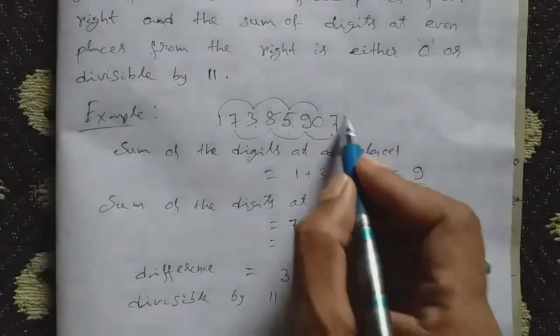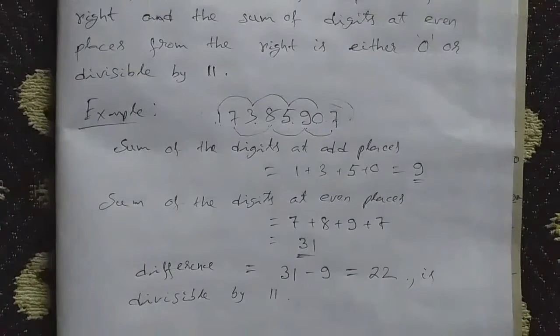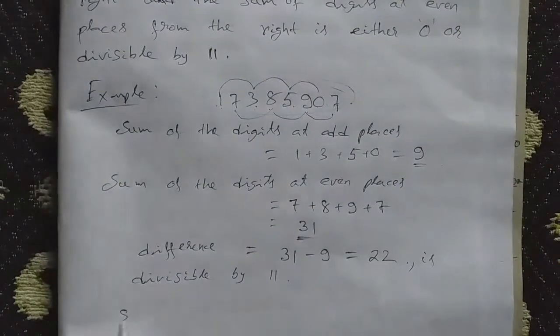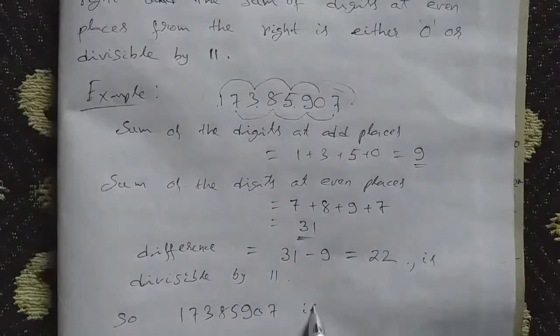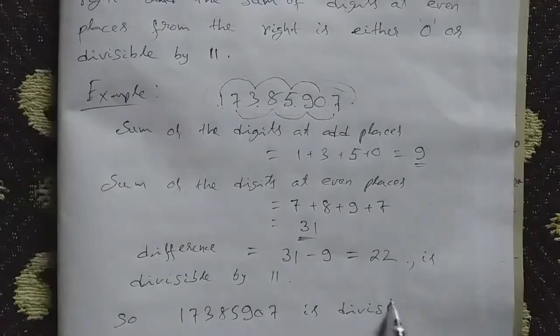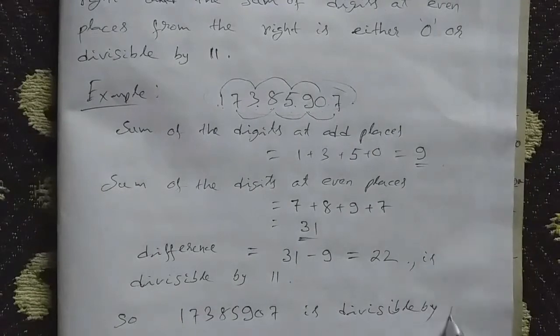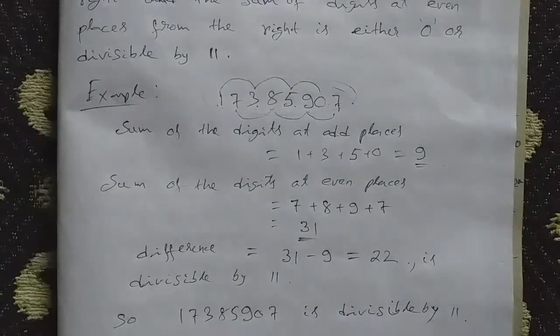So this number, 17385907, is divisible by 11.